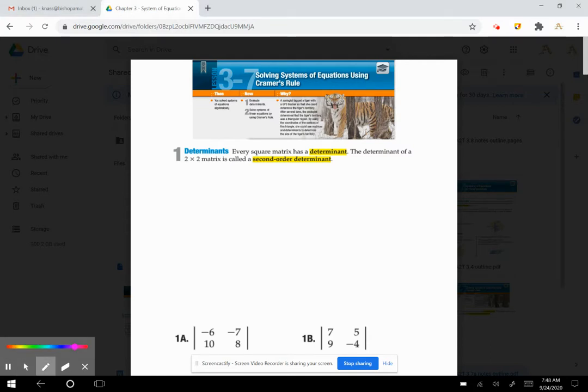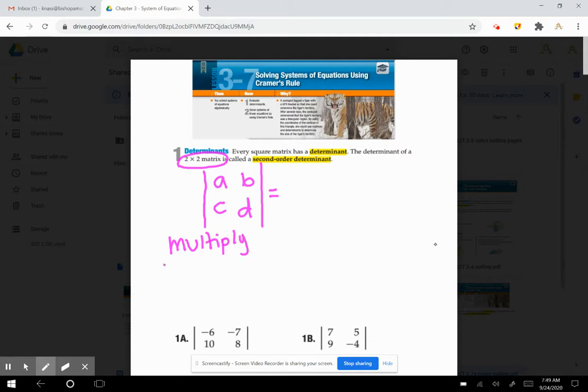So here we go. To find the determinant, if we have a matrix, I'm going to put my elements as A, B, C, and D. This is the determinant of a 2 by 2. In order to find the determinant of the 2 by 2, you multiply the main diagonals.